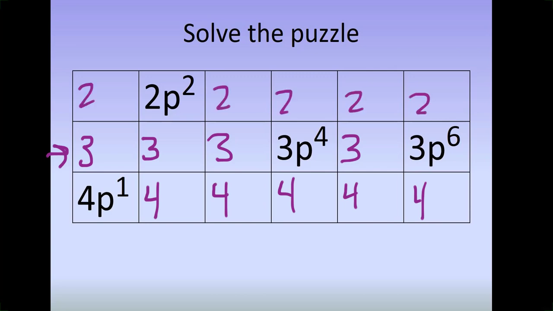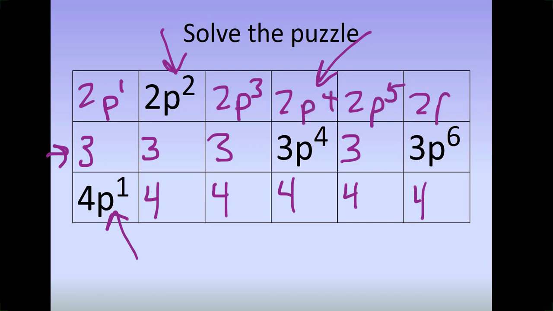And then let's look and see what's in the square. It looks like we have some p's raised to a power. I can see right here there's a P1, and here there's a P2, and then later on over here, there's a P4. So I'm going to count like this: P1, P2, P3, P4, P5, P6.